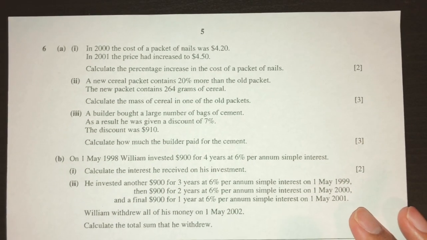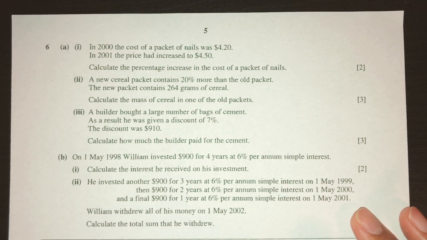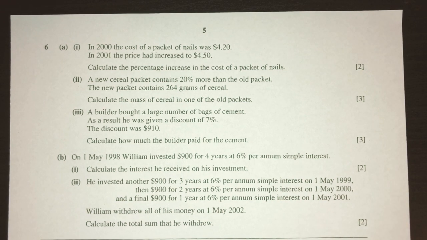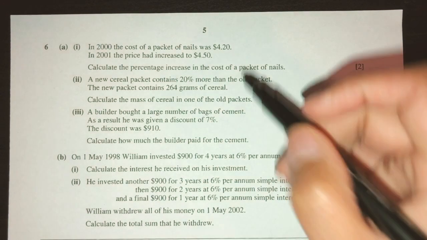Let's move on to question number 10. So here we have in 2000, the cost of a packet of nails was $4.20. In 2001, the price has increased to $4.50. Now part 1, find the percentage increase in the cost of the nails. So pretty easy.